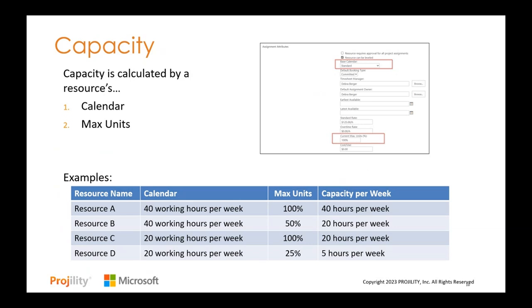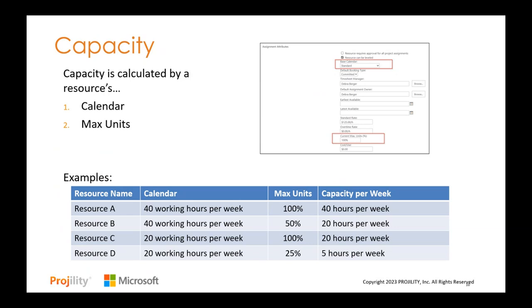So we are only looking to track 50% of their time in Project Online, and we are going to make the assumption that the other 50% that we're not capturing in Project Online is spent doing operational activities, admin, that business-as-usual type of work. So from project work, they have a capacity per week of 20 hours. We're just taking that 40-hour calendar times the 50% to get 20 hours.